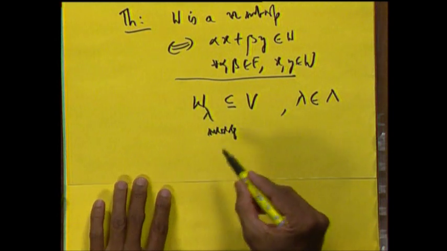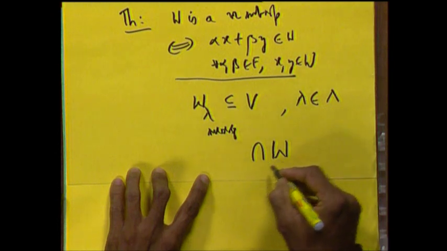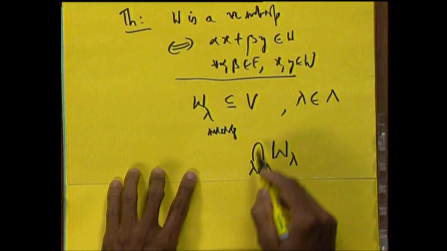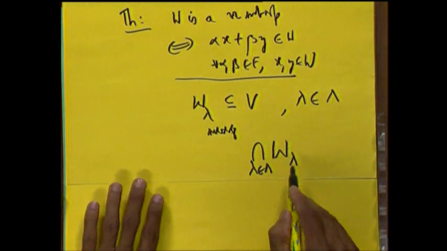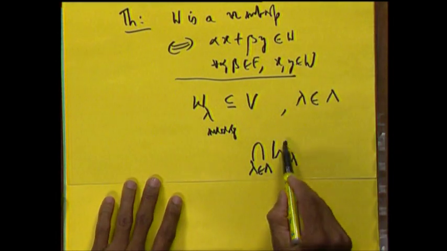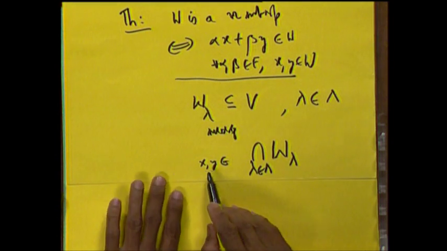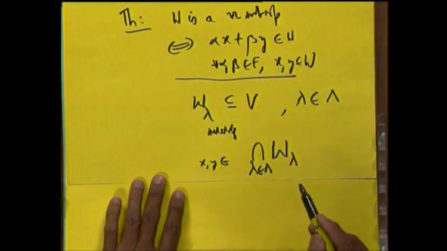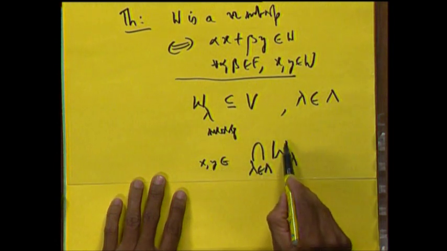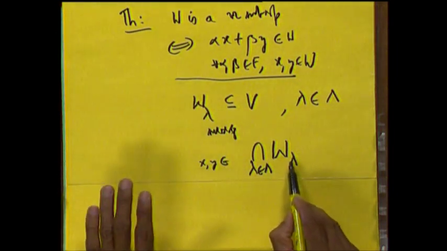I want to show that the intersection of W lambdas, where lambda varies over Lambda, is also a vector space. To obtain this, let us check this condition. Let us collect x, y coming from this intersection, and alpha, beta coming from the field. x, y coming from this intersection means x, y belong to each of these vector spaces.